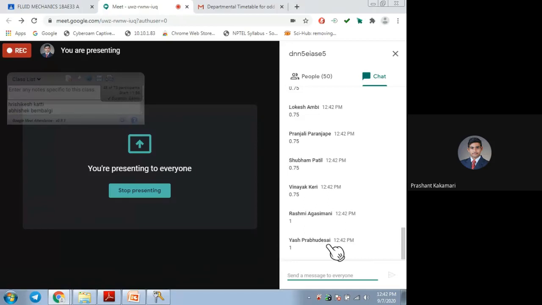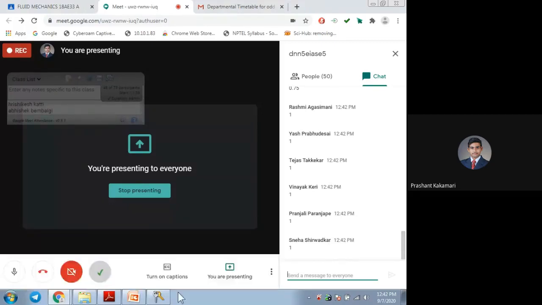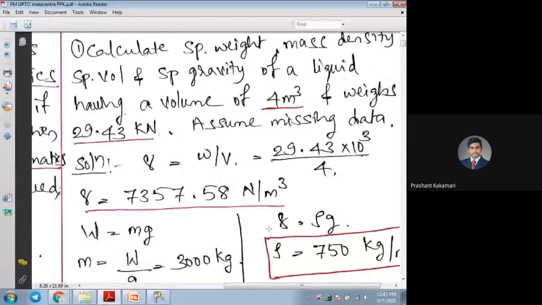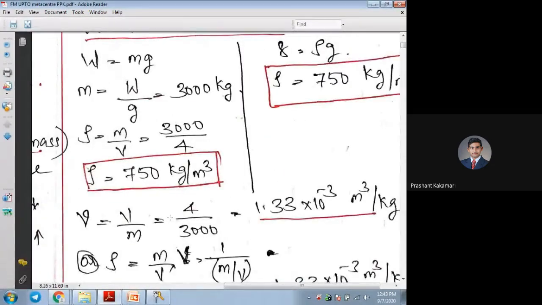Rashmi has given the answer 1. Why? Because I'm taking the weight density ratio of water to water, or else the density ratio of water to water, one and the same. So the specific gravity of water will remain 1. That is also a standard value. So in any form of the problem given, you should know the relations and the units should be proper. One can find out the solution in one way or the other. I hope all the properties and the numericals are clear to everyone.